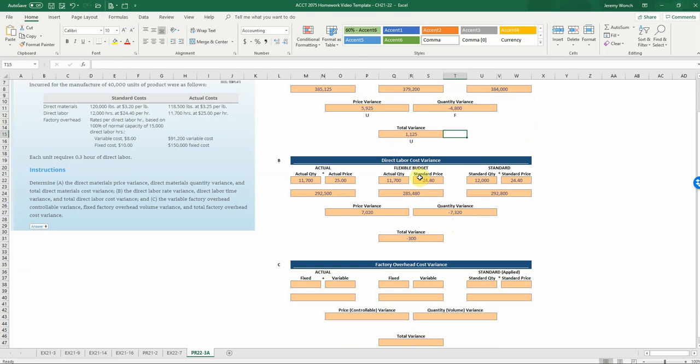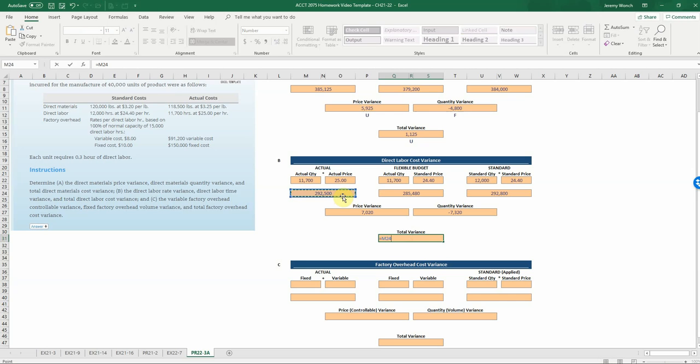Where on the direct labor budget, and you could do it either way on either one of them, instead of taking the actual and subtracting the standard, we already calculated the variances, so I just added the two variances together. So if we did that like we did above, we'd come out to the exact same number.